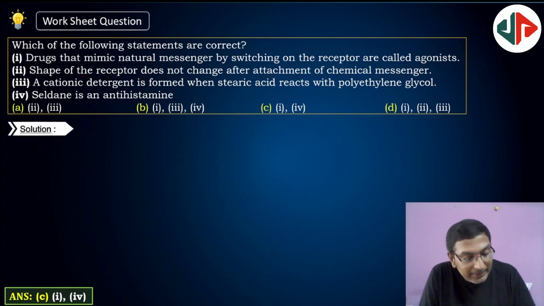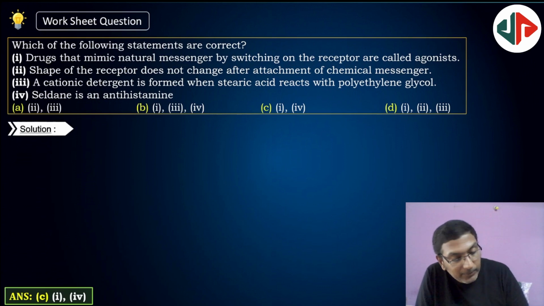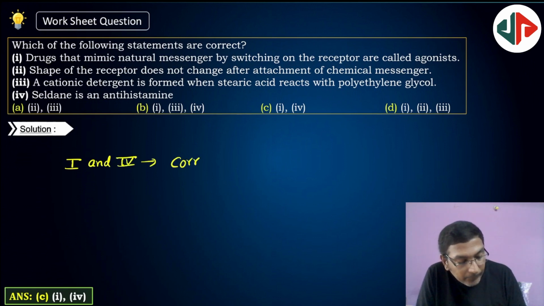A cationic detergent is formed when stearic acid reacts with polyethylene glycol. That is also incorrect. Next, Seldane is an antihistamine. That is correct. Therefore, 1 and 4 are correct statements.